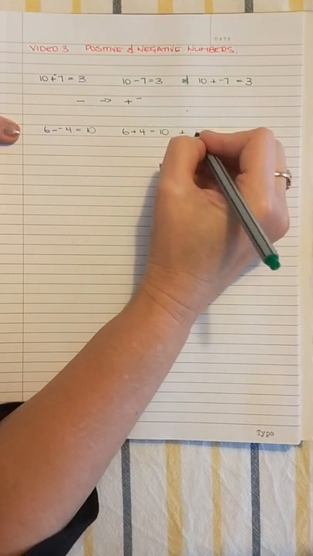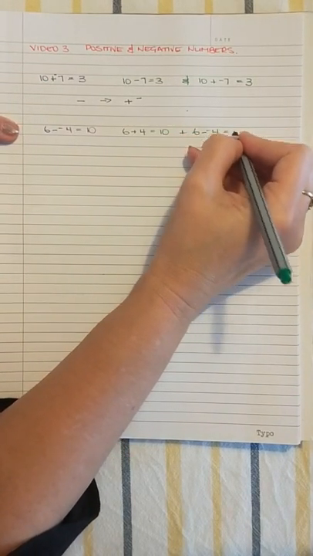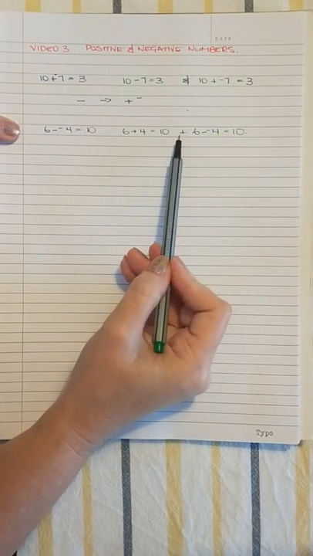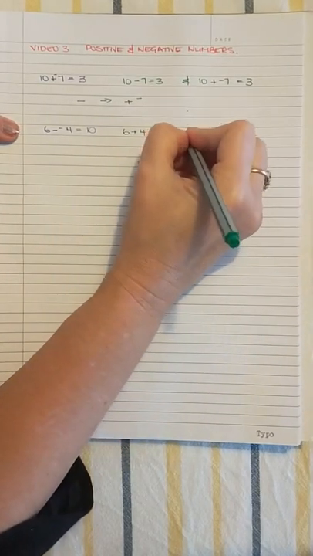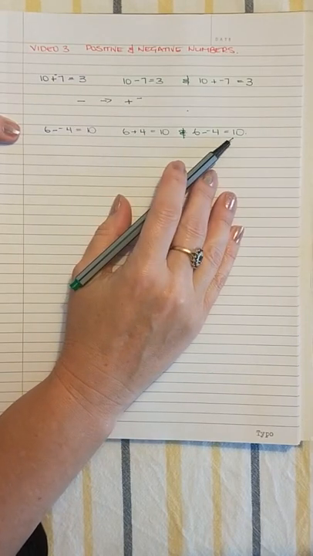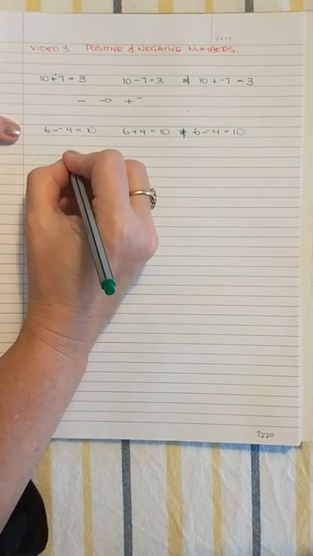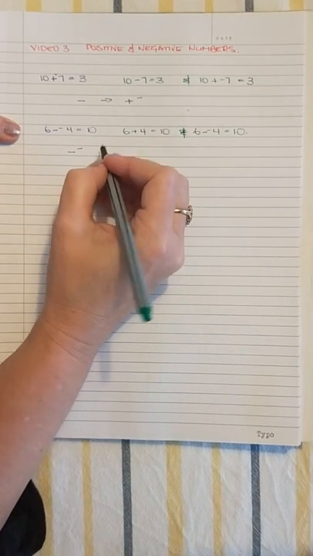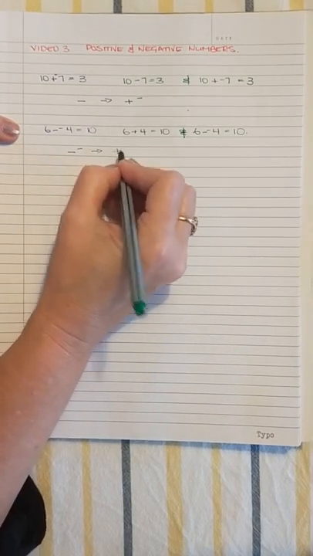They are the same. So 6 plus 4 equals 10, and that should say 6 minus negative 4 equals 10. In other words, minusing a negative number is the same as addition.